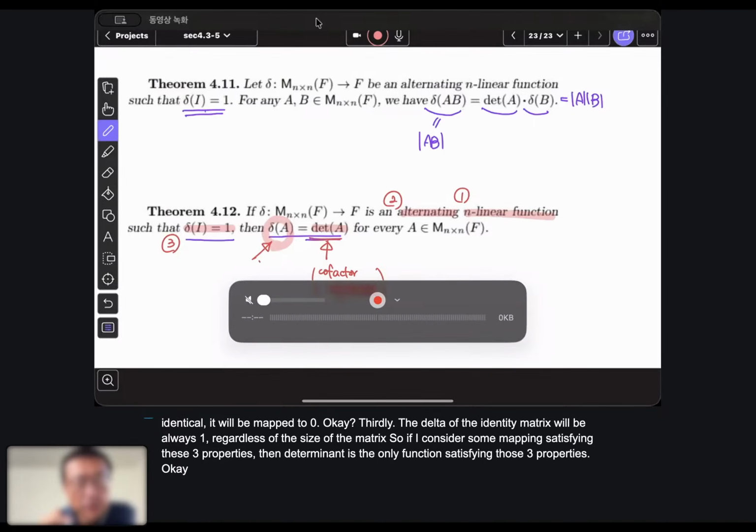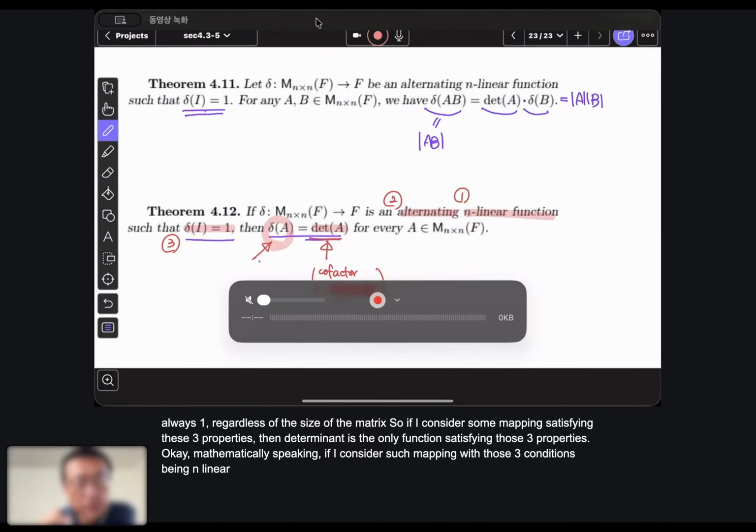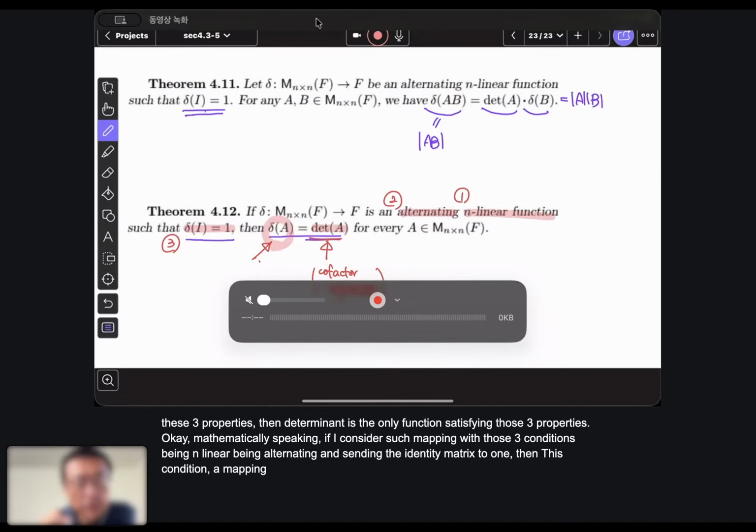Mathematically speaking, if I consider such a mapping with those three conditions, being n-linear, being alternating, and sending the identity matrix to 1, then a mapping with those three conditions definitely exists.